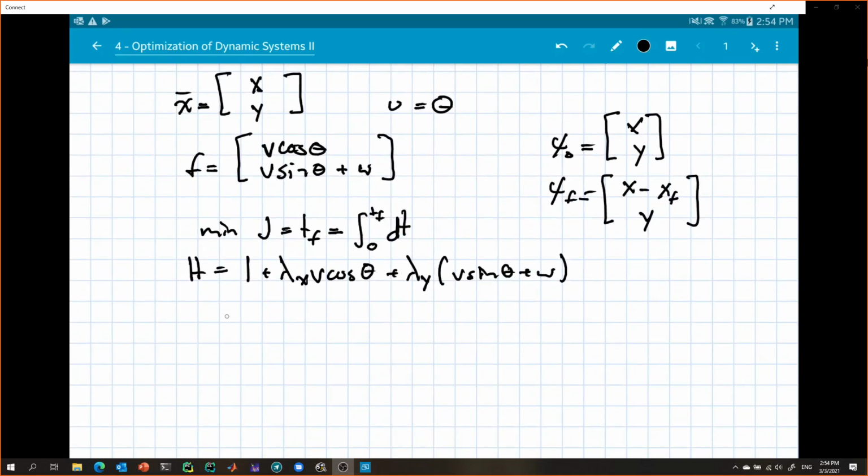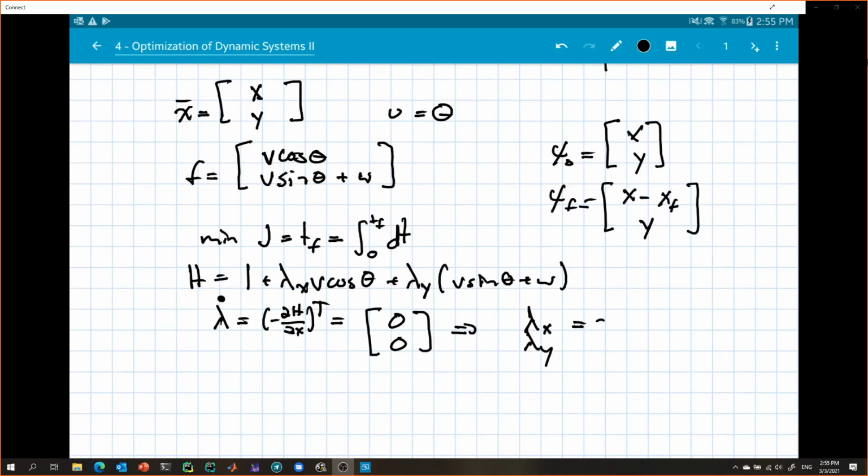And then lambda dot is equal to the partial with respect to x, transposed. Notice in the Hamiltonian, neither state appears, so this is 0 and 0. Therefore, lambda x and lambda y are constants. I'm going to say C1 and C2.